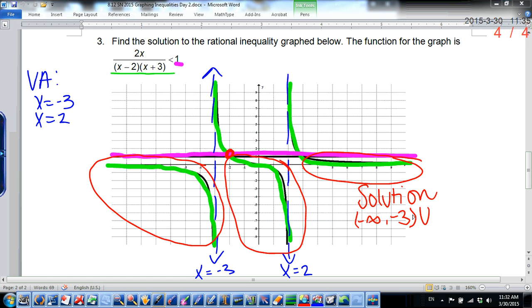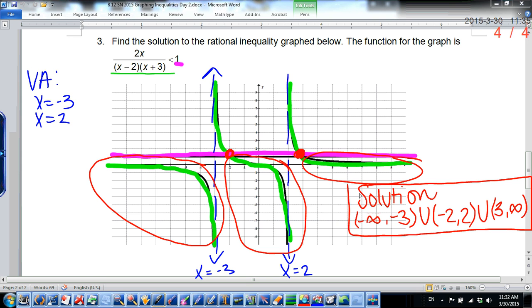Okay, but here's that -2 value with a parentheses. Up to what x value? 2. And then picks up again where? At 3 for our intersection point to infinity. Questions on that? All right.